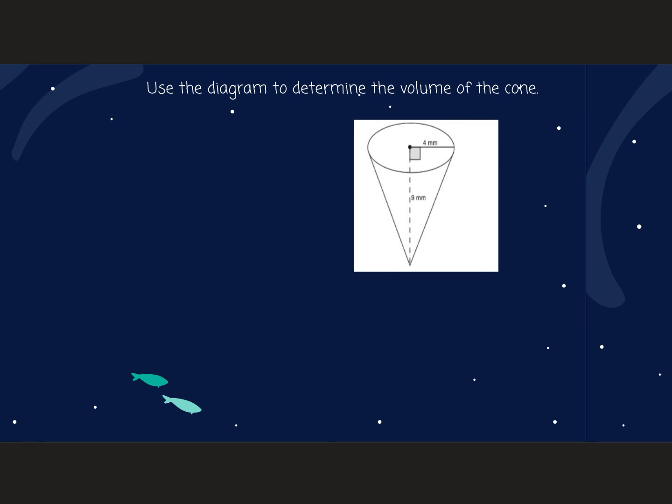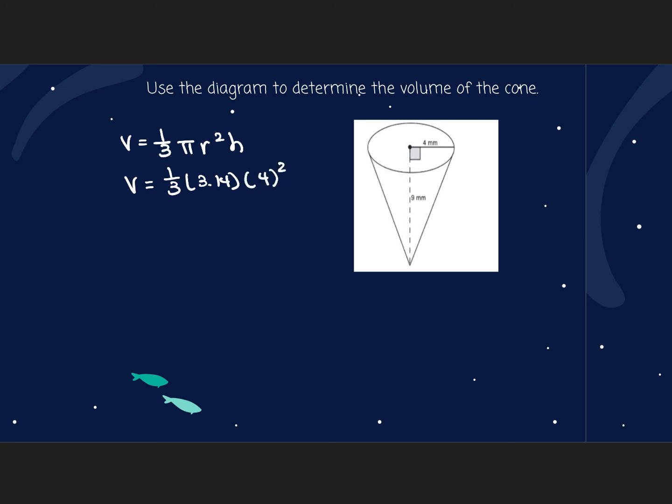Now for this next example, it says use the diagram to determine the volume of the cone. So we're going to practice finding the volume of the cone. Remember the formula is V equals 1/3 pi r squared h. So here we have V equals 1/3. We're going to use 3.14 for pi. Our radius here is going to be 4. They give it to us.